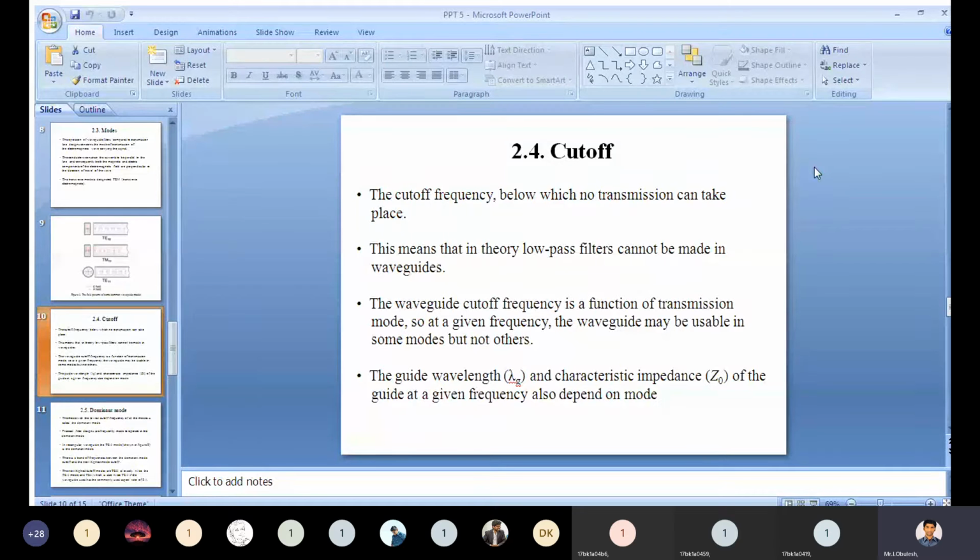This means that in theory, low pass filters cannot be made in waveguides. So in the olden days, low frequency signals could be used like microwave signals, but nowadays low frequency signals are not eligible for designing microwave signals.